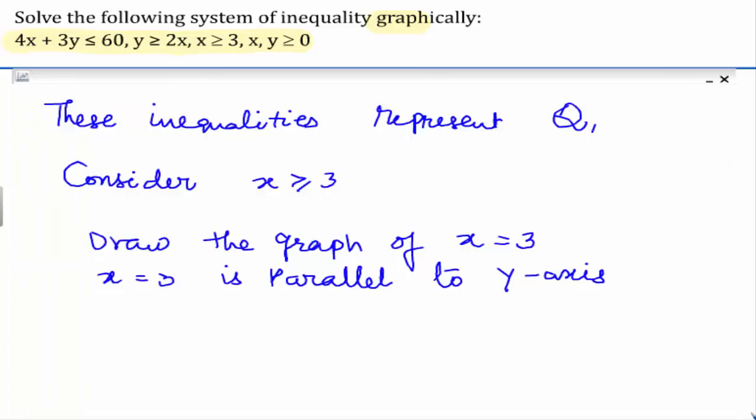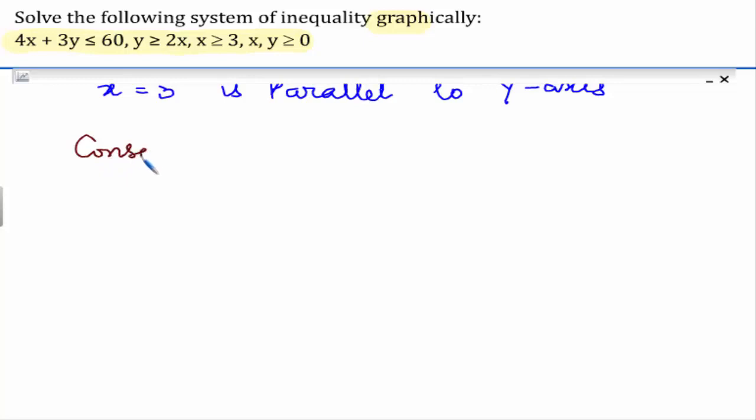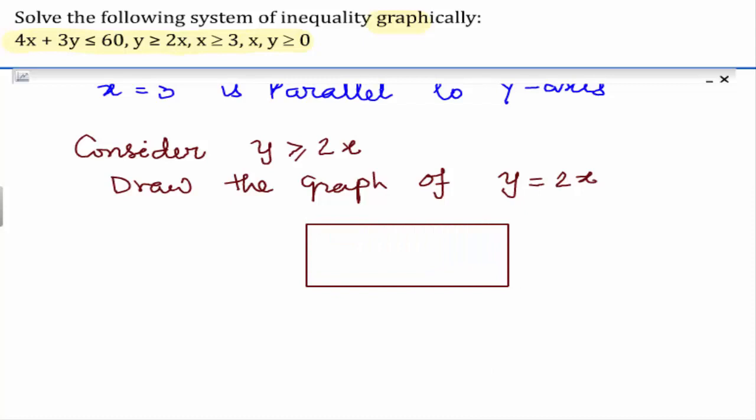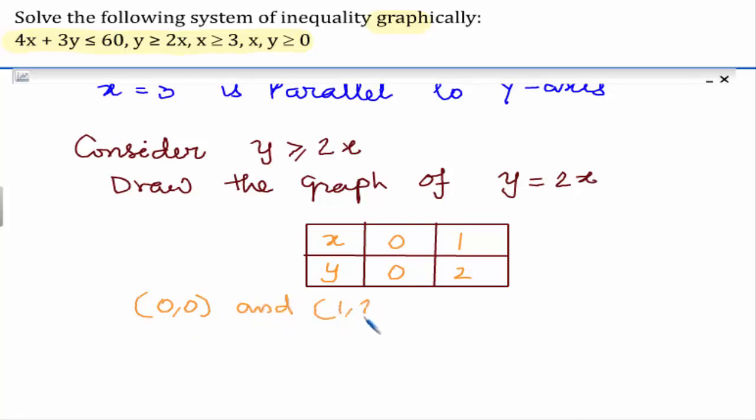Now let us consider y greater than or equal to 2x. Here we have to draw the graph of y is equal to 2x. Let us prepare the table for this. If x is equal to 0, y is also 0. If x is equal to 1, then y will be 2. The ordered pairs will be (0, 0) and (1, 2).